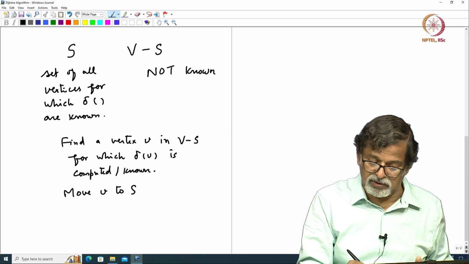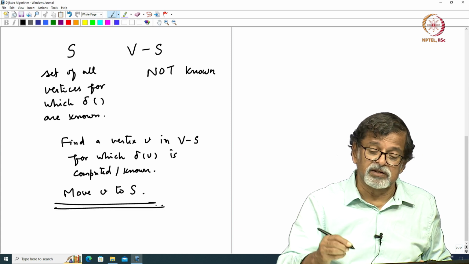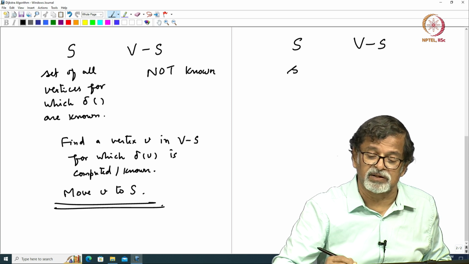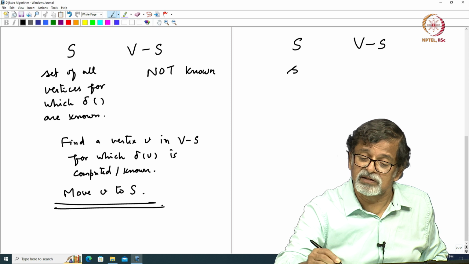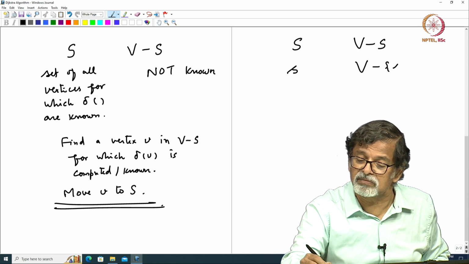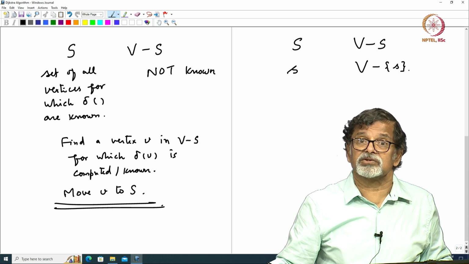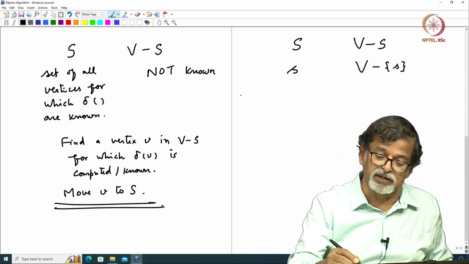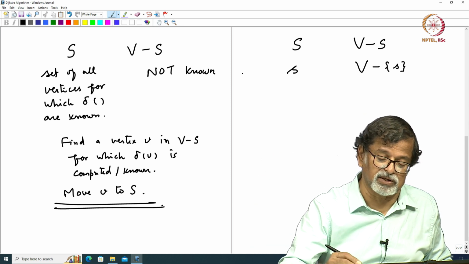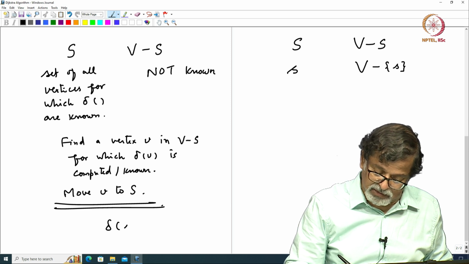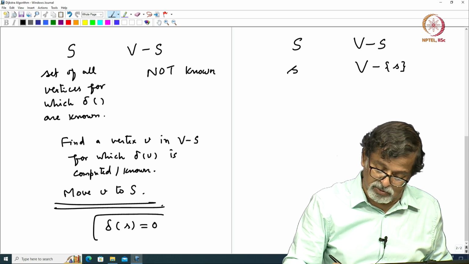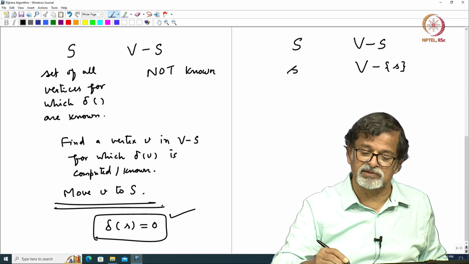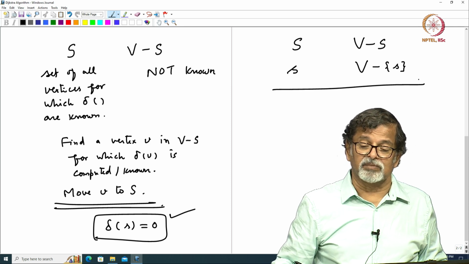V to S. So, initially S will have only the source vertex, and V minus S will have all vertices other than the source vertex. That is because I know delta S equal to 0. Since delta S equal to 0 is known, I start with this configuration. This is my starting point.